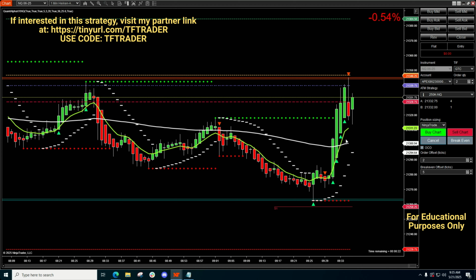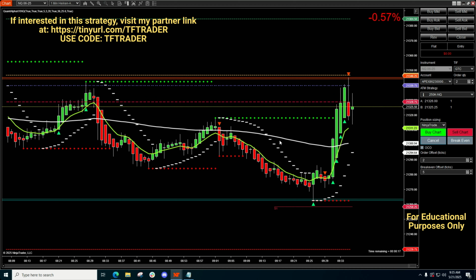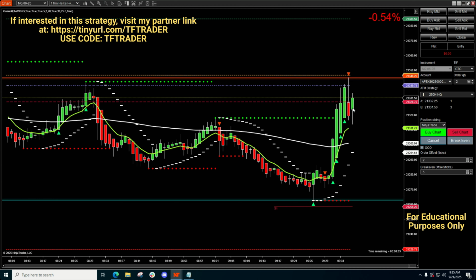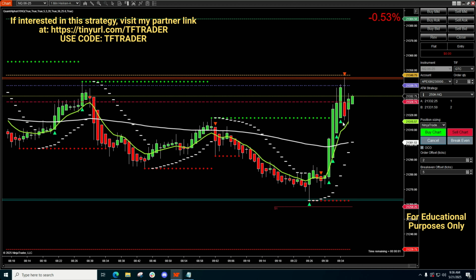We're kind of in a choppy area here. Again, if this is a high volume bar, if we get this arrow here, we'll take an S3 above here, but we don't have that at this moment.